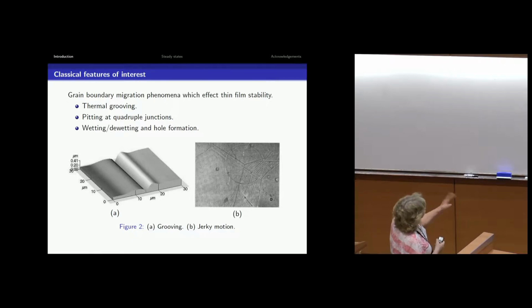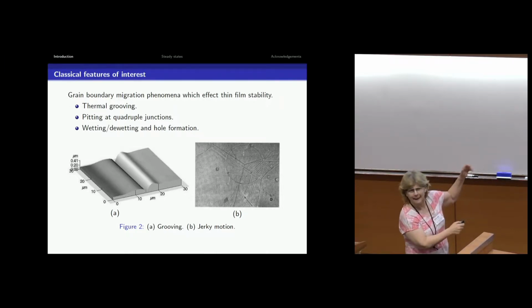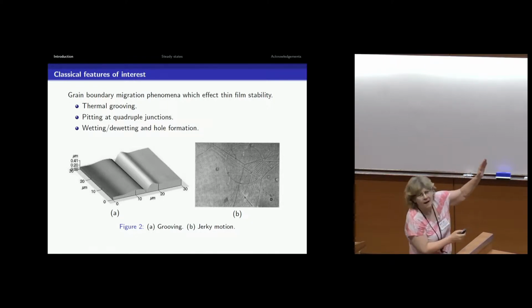And on the right is a picture I have to thank Bill Mullins for, who I was pleased to meet at Carnegie Mellon. This is from his 1958 paper, and he was talking about these different grains and grain boundaries, and they're moving, and he's seeing these waves in the back of the grains, and he's talking about jerky motion.